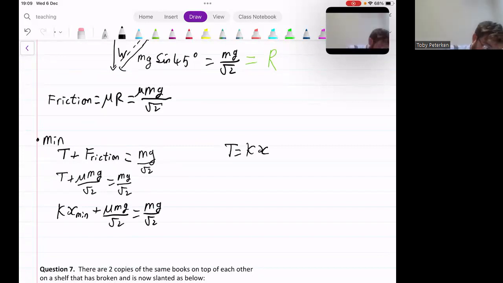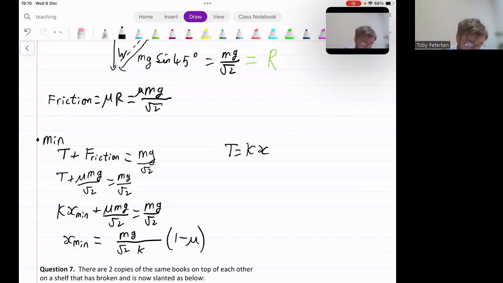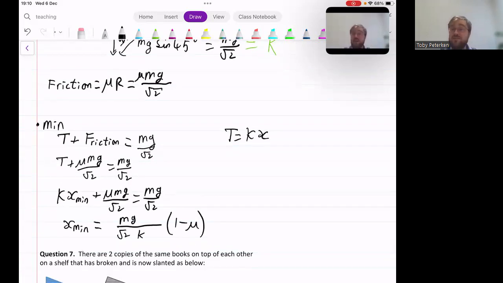We can rearrange this to get x min equals mg over root 2k times (1 take away mu). And so if the coefficient of friction is equal to 1, then the block will never slip down the slope of its own accord, even if there was no spring there.